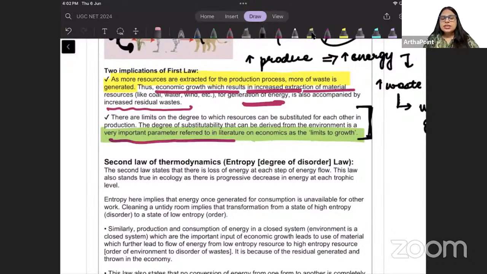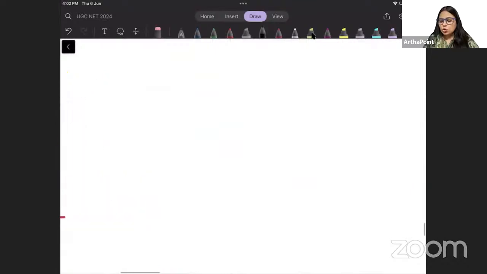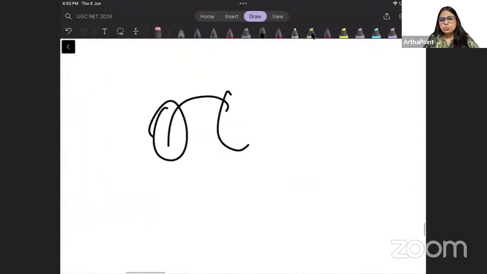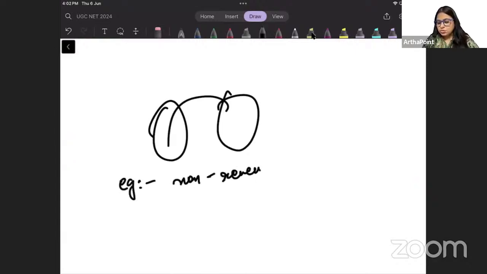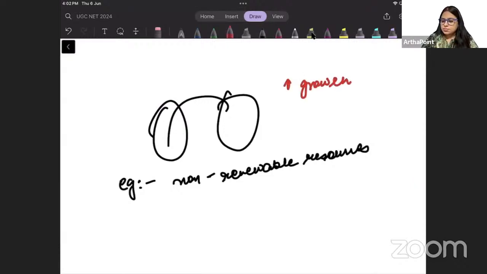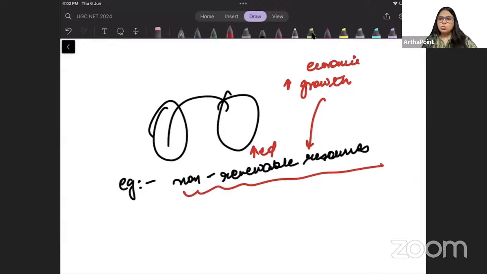अब ये बोलता है कि देखो ऐसा नहीं है कि two things can be 100% substitutable from each other. ठीक है, इसका एक एग्जाम्पल हम ले लेते हैं, नॉन रिन्यूएबल रिसोर्सेस. सपोज देयर इज एन इकोनॉमी विच हैड टू ग्रो, उसको इकोनॉमिक ग्रोथ करनी थी. फॉर इंक्रीज्ड इकोनॉमिक ग्रोथ वी स्टार्टेड यूजिंग वेरी हाई अमाउंट ऑफ नॉन रिन्यूएबल रिसोर्सेस. इनको रिन्यू करने में, इनको दोबारा आने में इकोनॉमी में टाइम लगेगा.